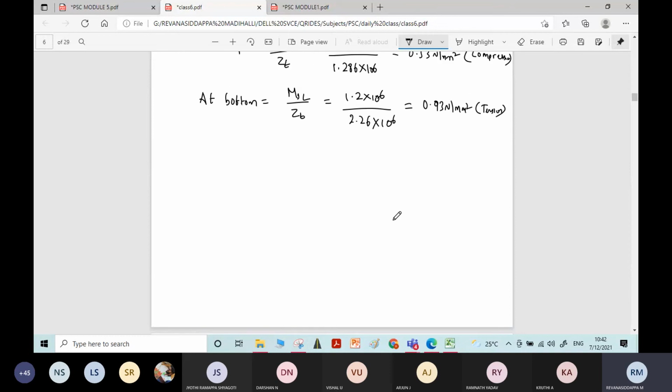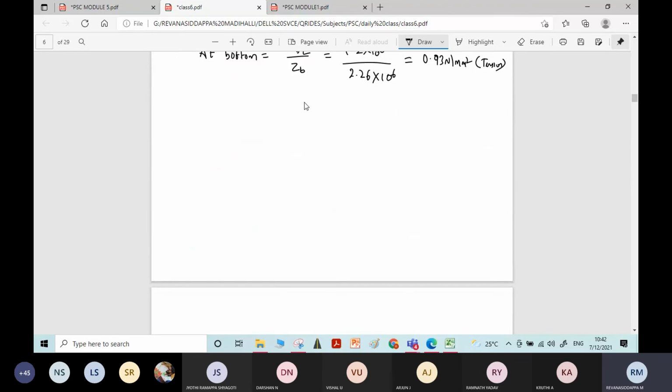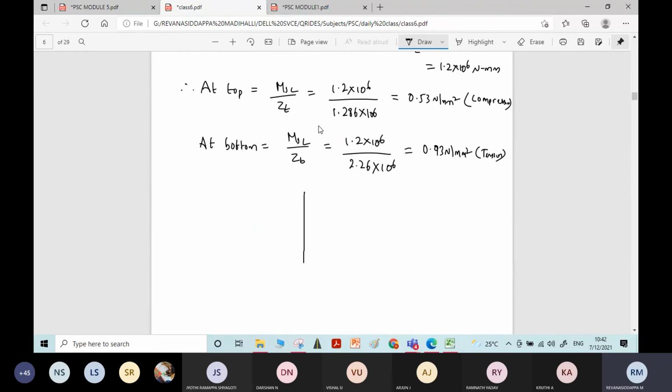Therefore, the nature of stresses will be 0.53 compression and 0.93 tension.